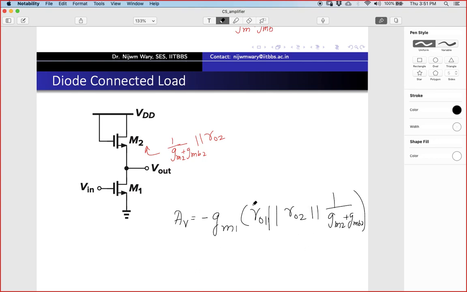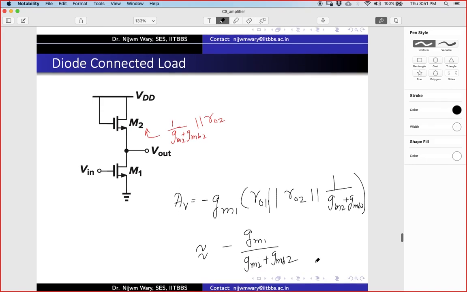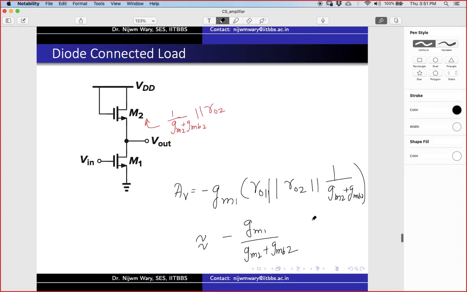And because RO will be larger than this 1 by GM, it is approximately equal to minus GM1 by GM2 plus GMB2. Okay. Is this clear? Hello?